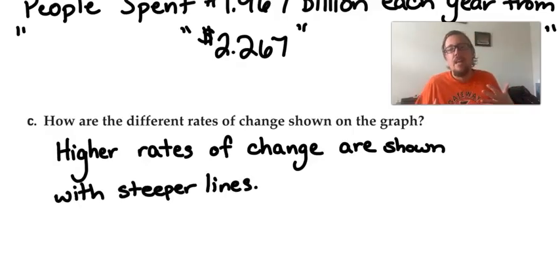The steeper the line is, the higher the rate of change is. So people spent more on pets in the second period of time that we looked at, and that's why, number one, the number is bigger, and number two, the line is slightly steeper.